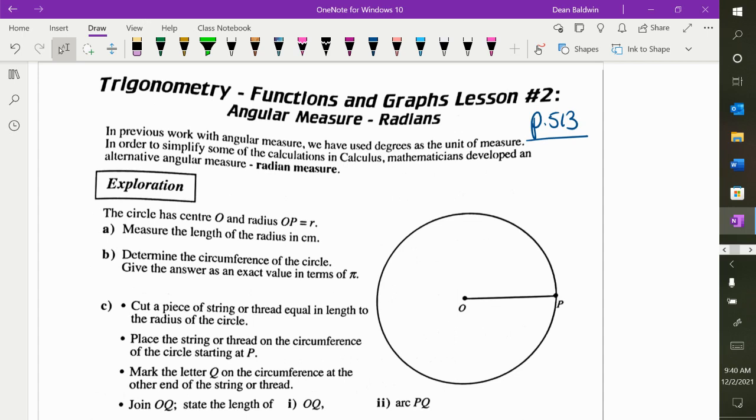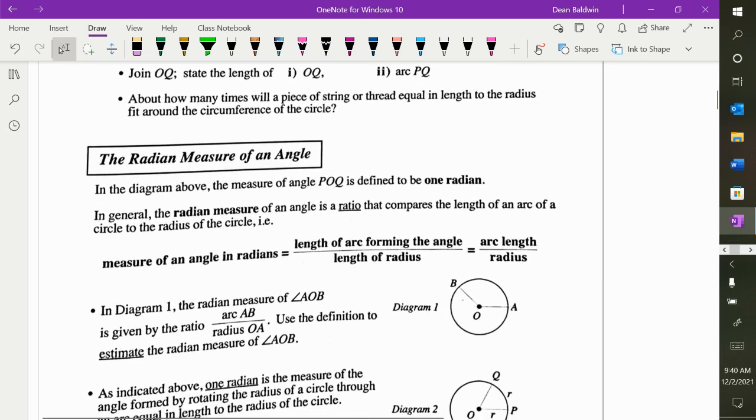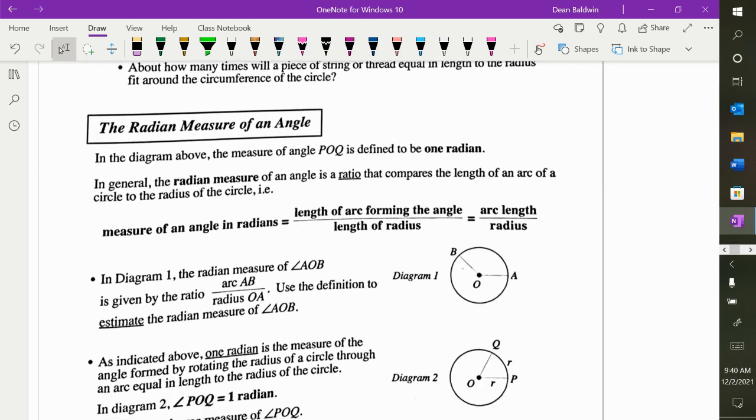A rad is what we're going to call it. So we're going to develop that right here. And we use them so often you'll know the basic ones, but I'm going to list out the basic ones that you should remember. Okay? And they're not too hard to remember, but we're going to talk about how we actually get or define what a rad is. So, the bottom of the page.